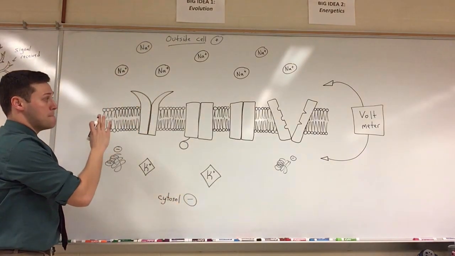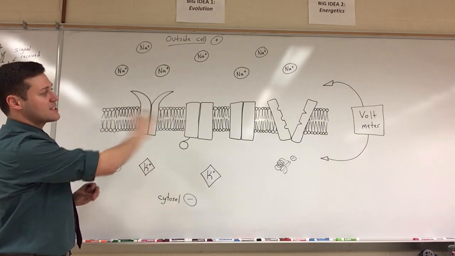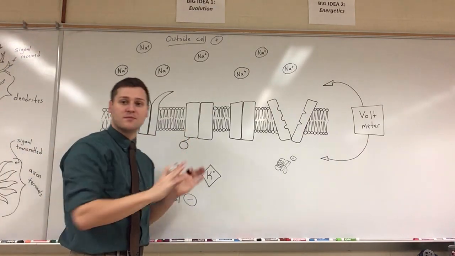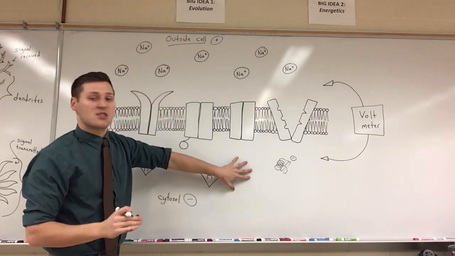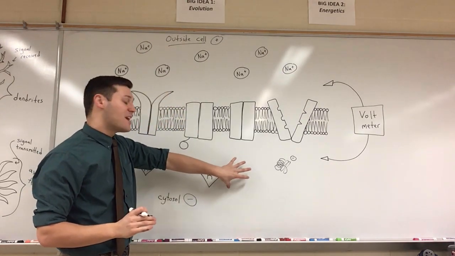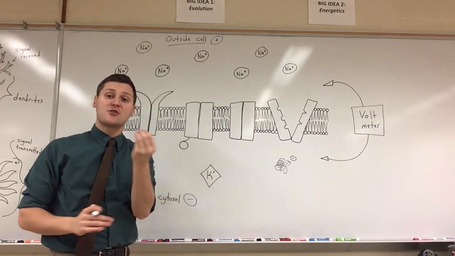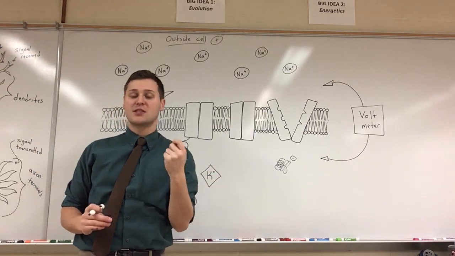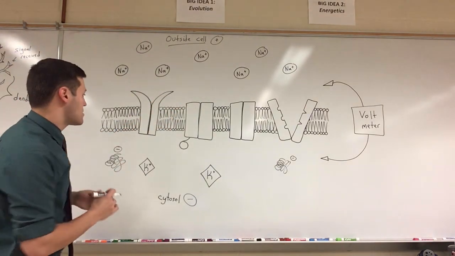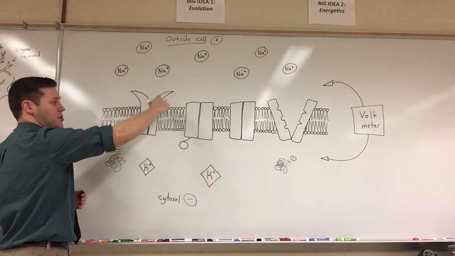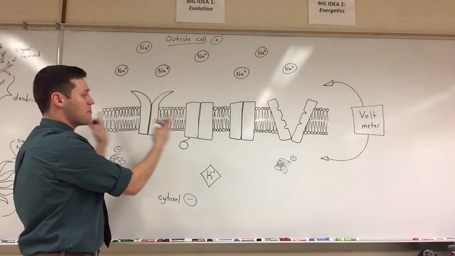Now, we are at resting state, so nothing is happening. Now, I want you to imagine if I were to touch this whiteboard, there is going to be an initial stimulus, perhaps an initial pressure, and that pressure is going to cause a change at the cellular level. So let's say there is some amount of pressure put on this membrane.